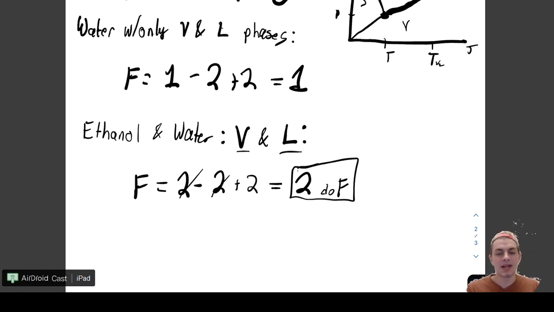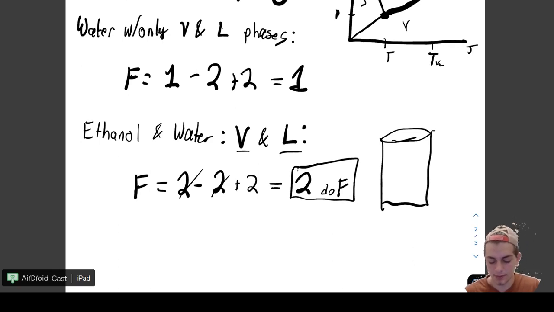So you can see how this is absolutely useful, right? If we were to set up some system, we are now constrained with how many variables we can actually specify, right? There has to be at least 2 in this system of, let's say, some sort of ethanol and water beaker, or on a larger scale, tanker, right? Where I have a vapor and I have a liquid phase, and I have some mole fraction of water, some mole fraction of ethanol, and then I have the same up here, I'll just call it yi, yj.